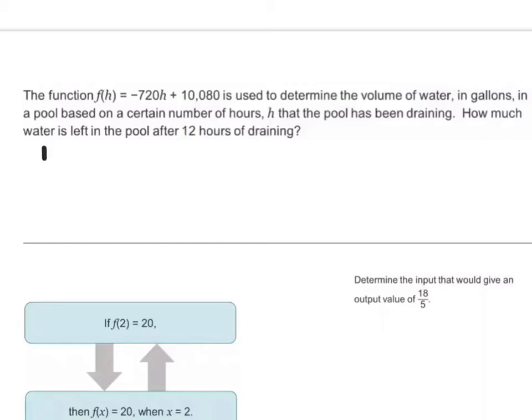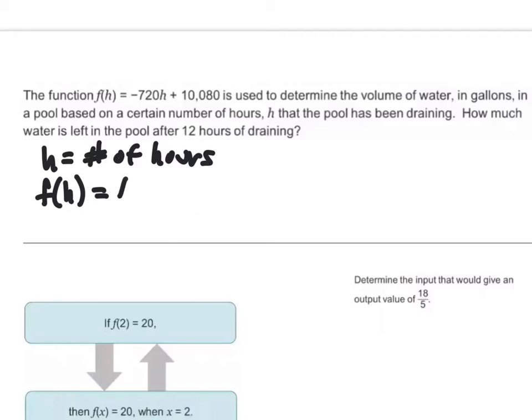I want to identify that h is equal to the number of hours, okay, and that f of h is equal to the amount of water in gallons. So the amount of water in gallons, okay? And so what it wants us to do, it wants us to figure out how much water is left in the pool after 12 hours of draining.